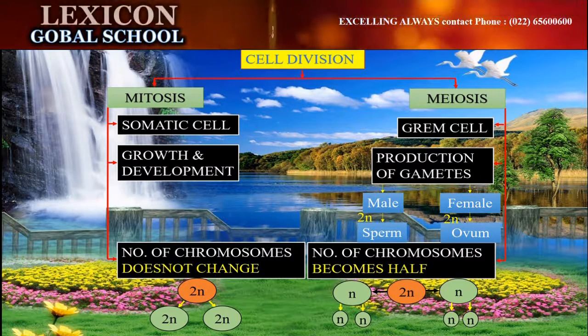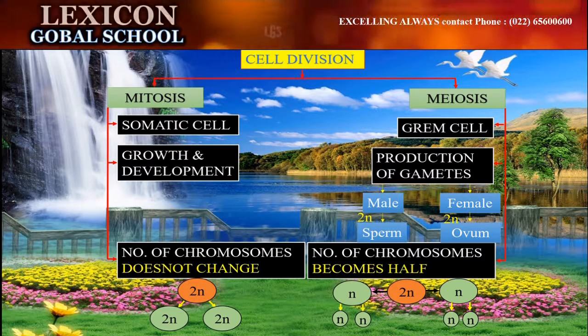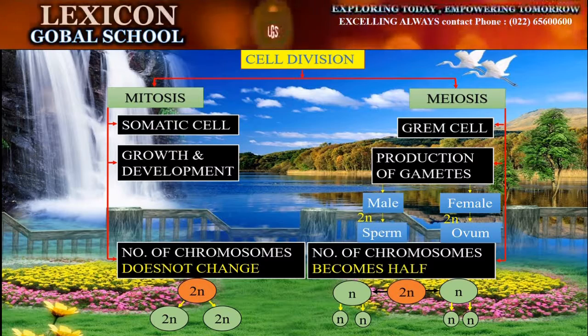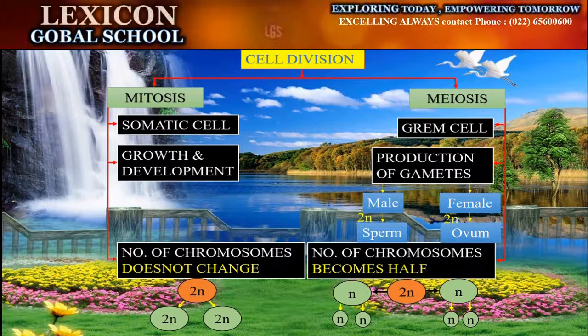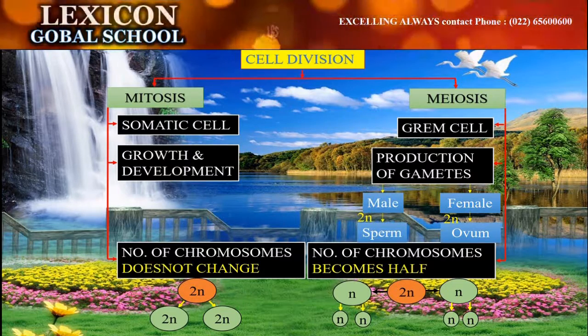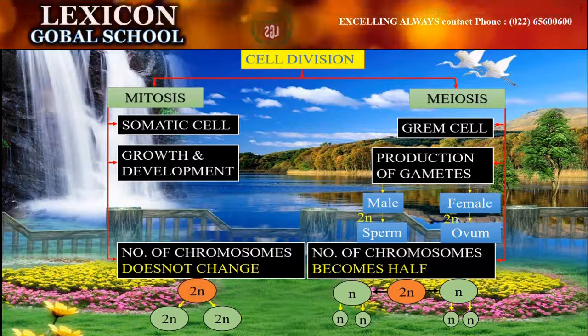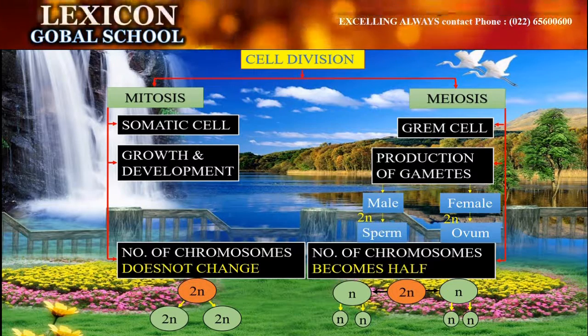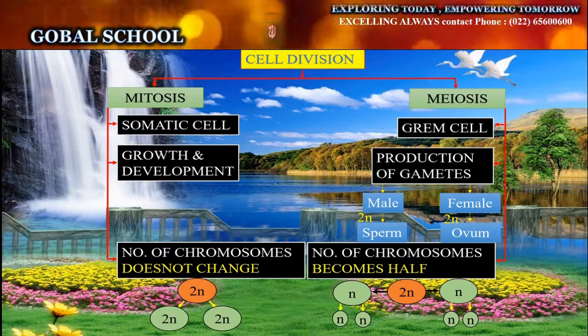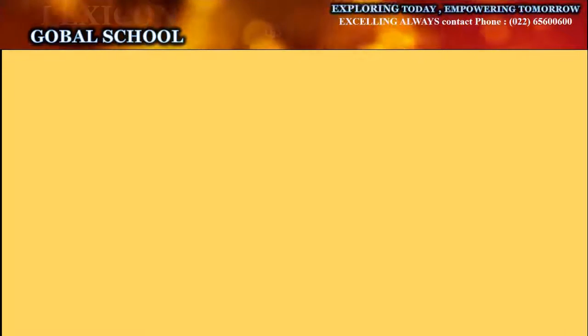And when mitosis is completely finished, the byproduct will be 2 daughter cells. Today, let us study mitosis cell division in detail.